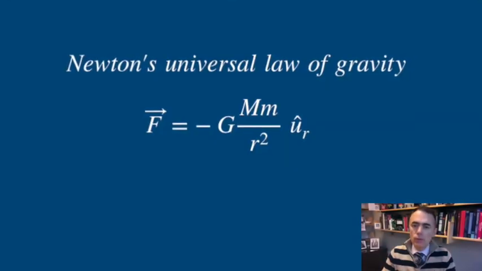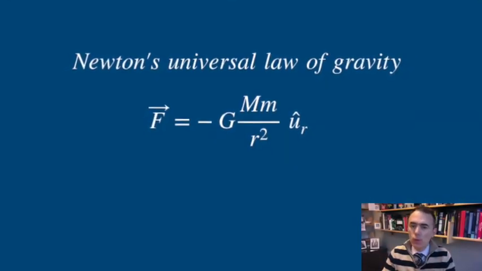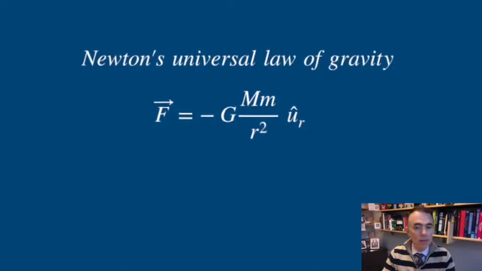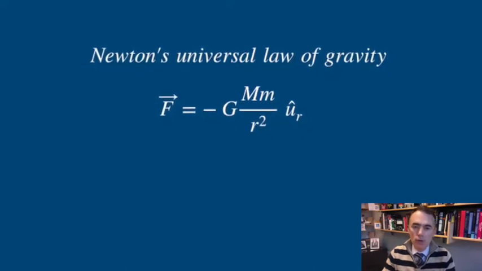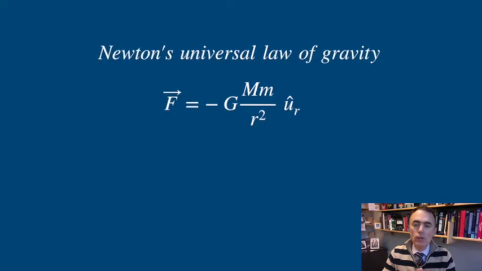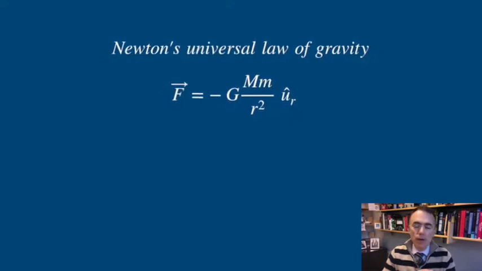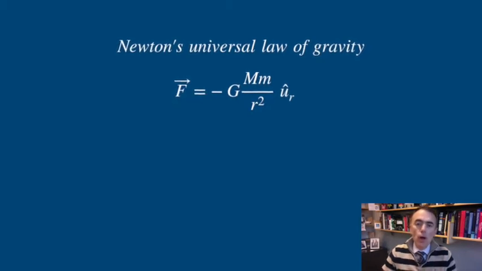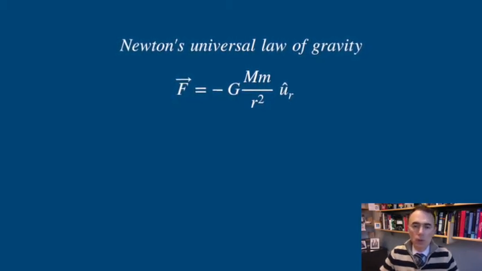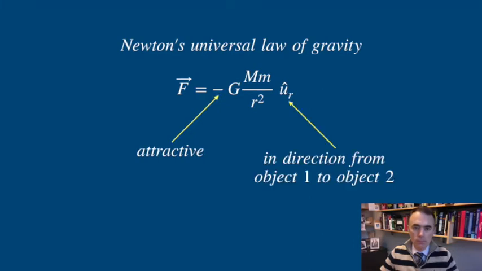Newton's equation for the gravitational force between any two objects with mass says that the force of attraction is equal to a constant G times the product of the masses of both objects divided by the square of the distance between those objects. The negative sign indicates that the force is attractive, and the direction of that force goes from the center of one of the objects to the center of the other object.